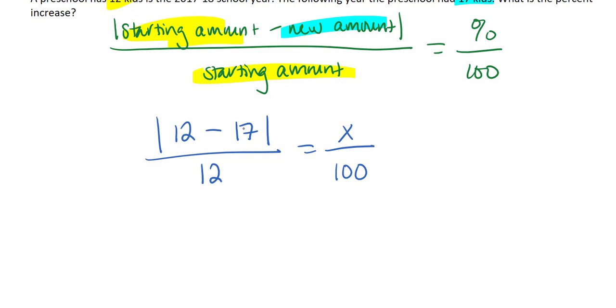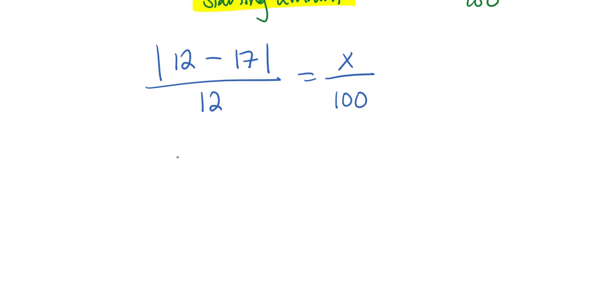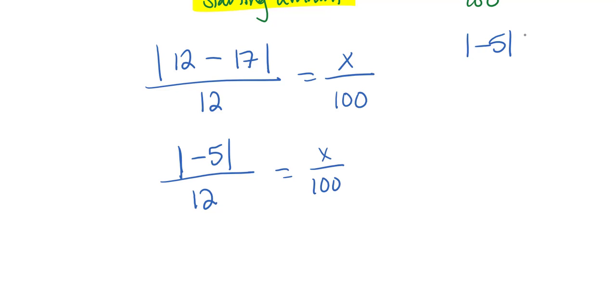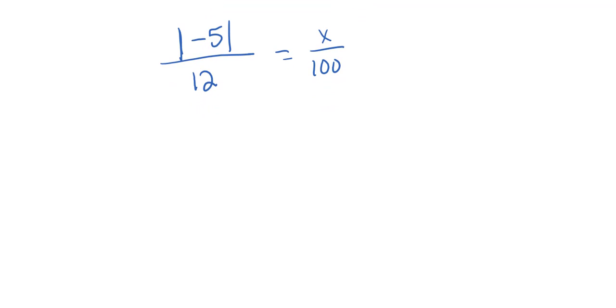Now we have 12 minus 17, that would be negative 5, and when we take the absolute value of a negative number, that's equal to a positive 5. So let's rewrite that. We have positive 5 over 12, which is equal to x over 100.